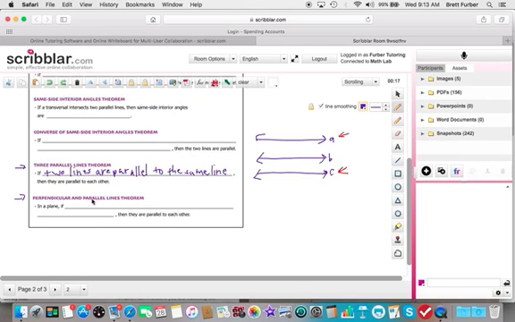All right, now let me go ahead and give you this one. We don't necessarily have to know this one for the proof we're about to do, but I want to give it to you anyway. So this is the perpendicular and parallel lines theorem, and this makes sense too.